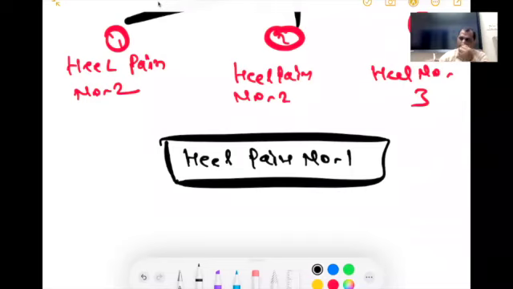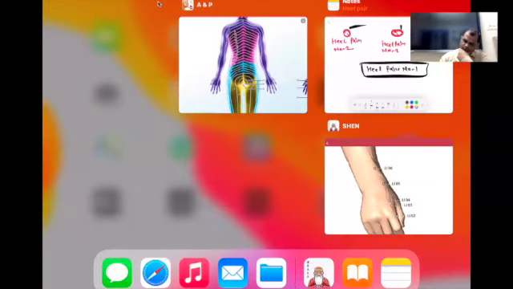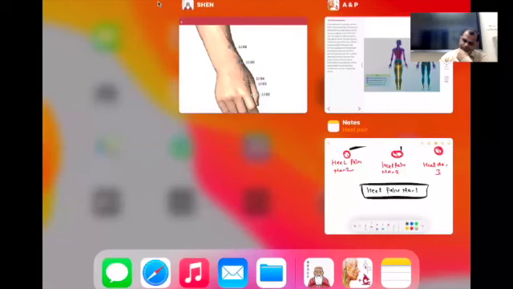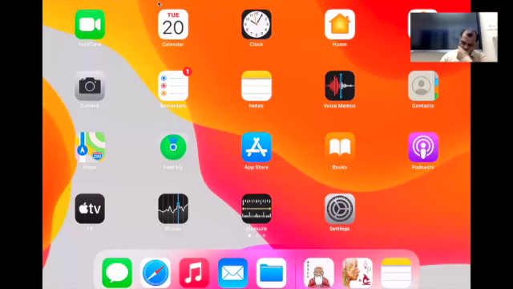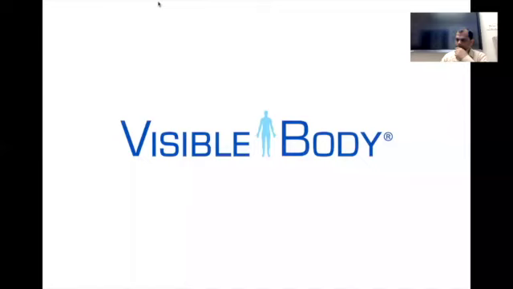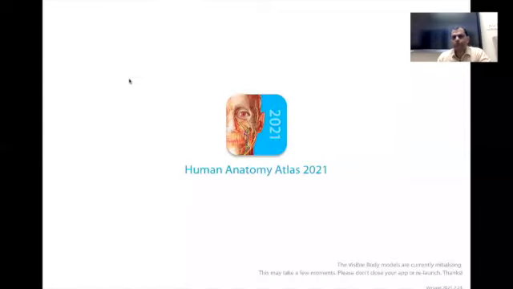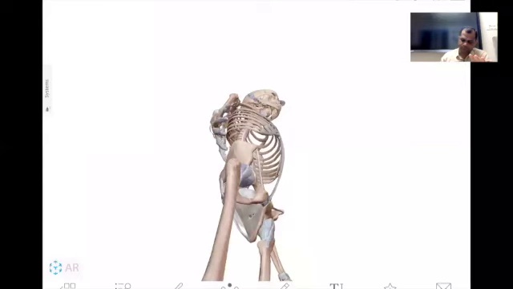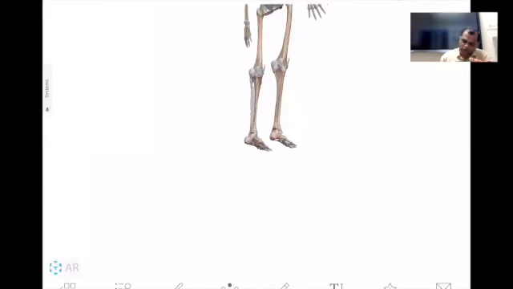For heel pain number one, we can see the image of legs. In the ankle joint, we have a total of 7 bones. So look at this ankle joint.